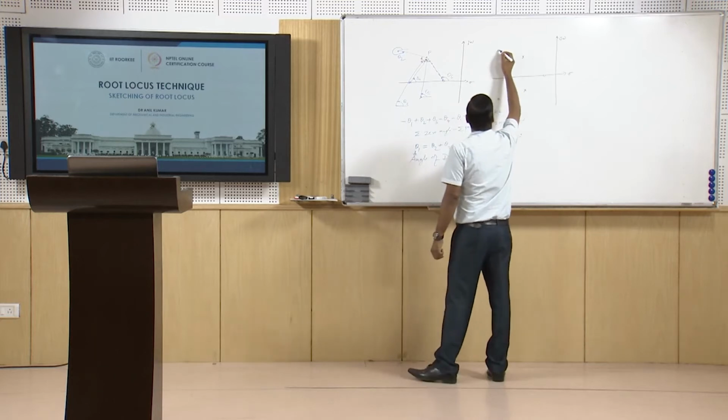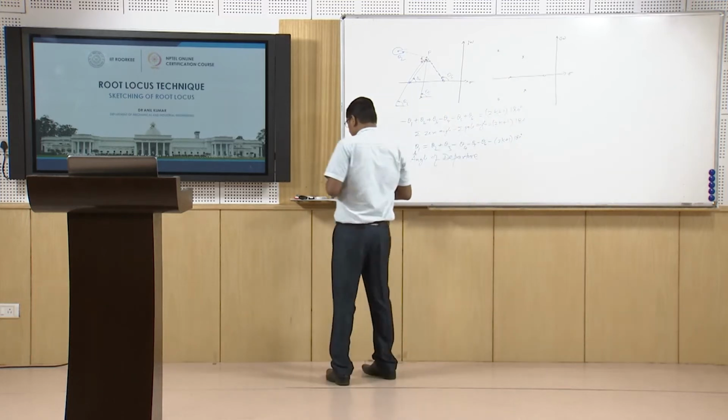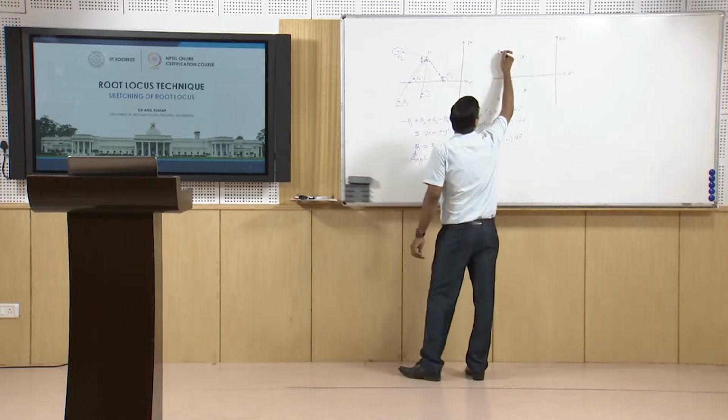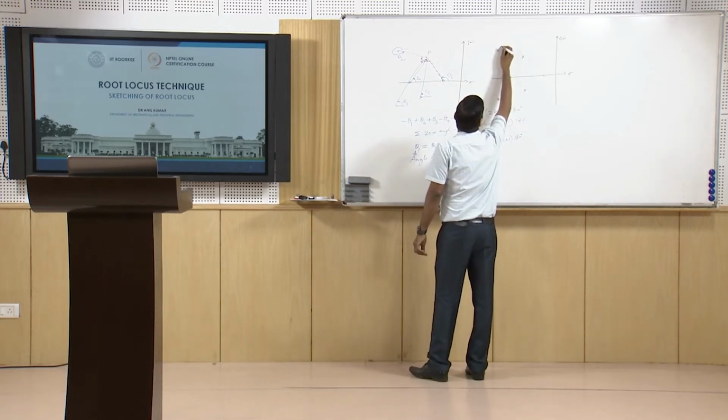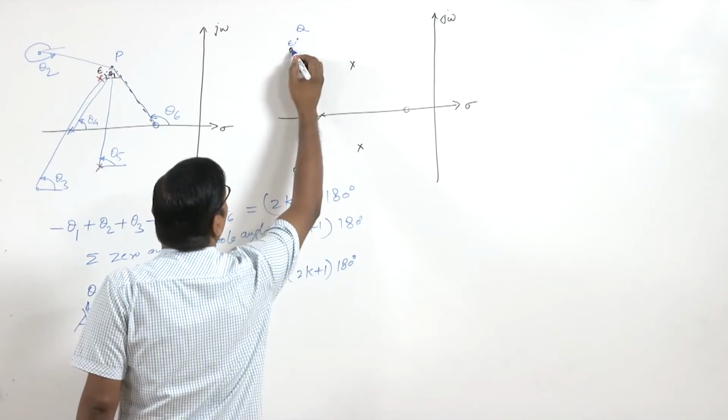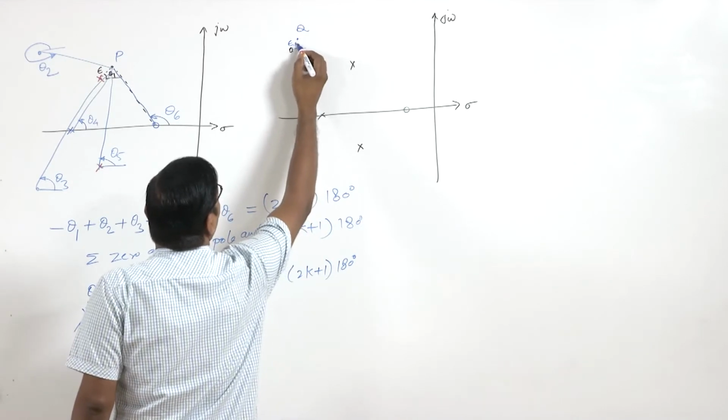Again we take some point Q at epsilon distance away, and we measure this angle as theta 2.